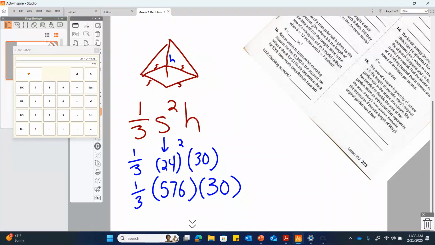Well, some people say, well, Mrs. Falk, let's do 576 divided by 3. Yes, that is why you do multiplication or division, whichever comes first, from left to right. Now we do 192 times 30. And the answer is 5,760. So when you flip the paper over, there is the answer.